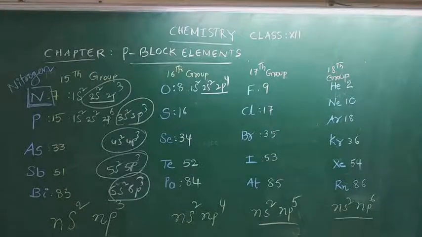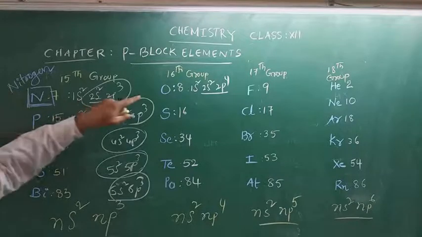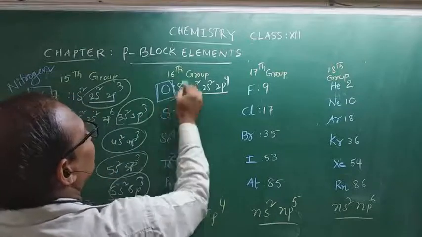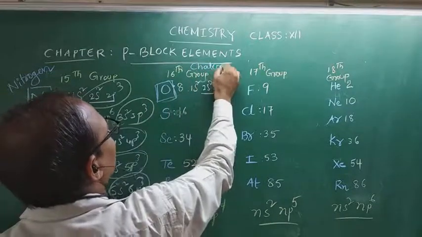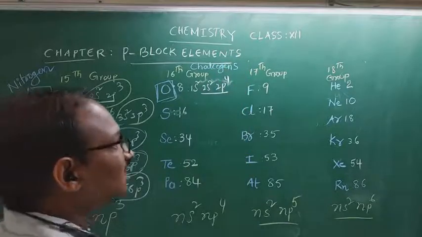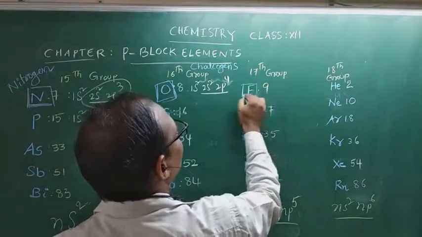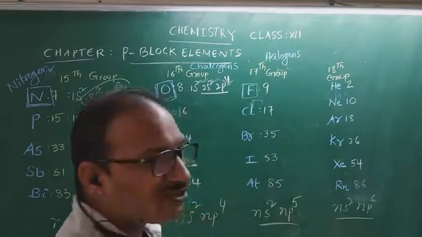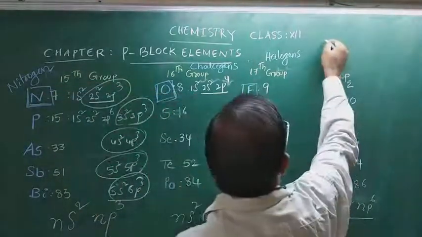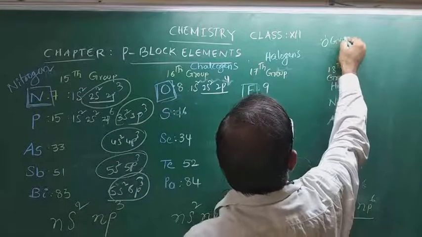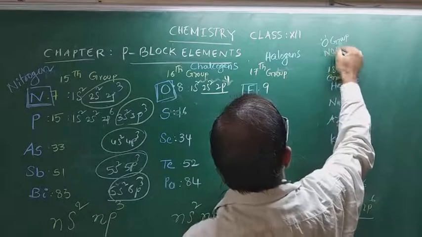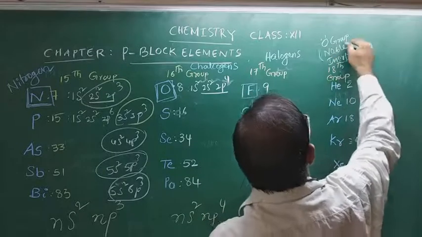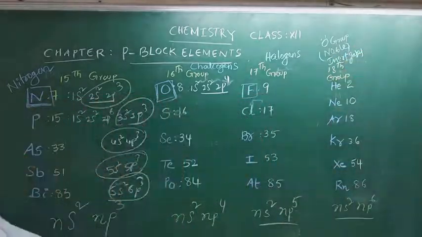As P is silent here, I can call it nicogens. 16th group elements are called oxygen family or chalcogens. 17th group elements, the fluorine family, are halogens. And 18th group elements are called zero group elements, noble gases or inert gases.